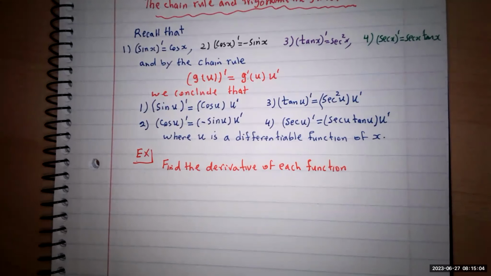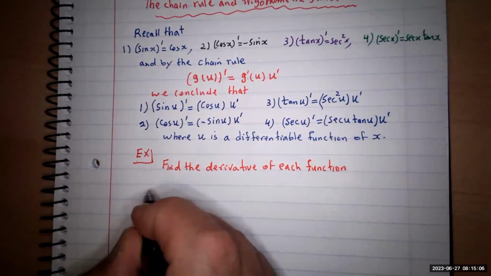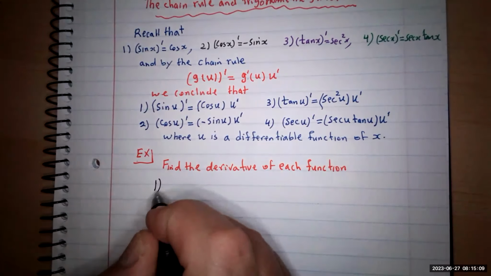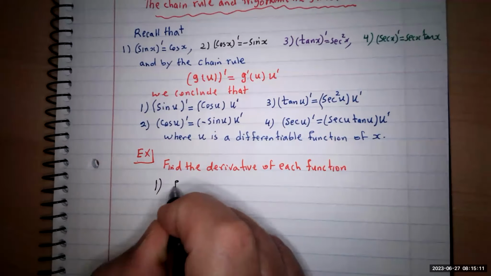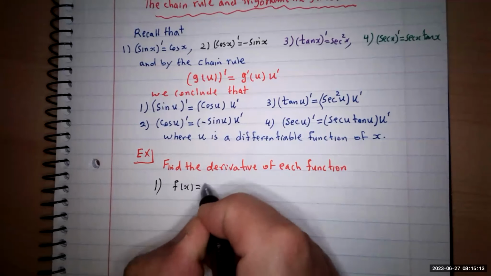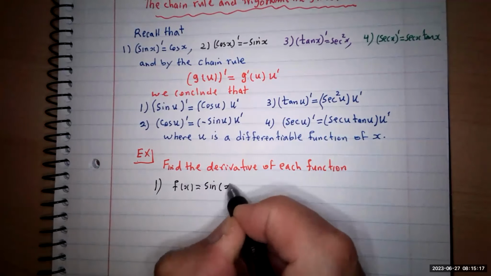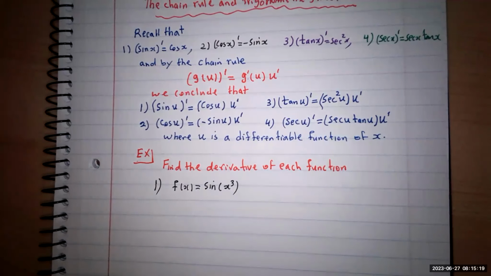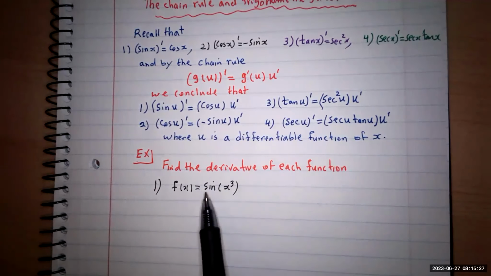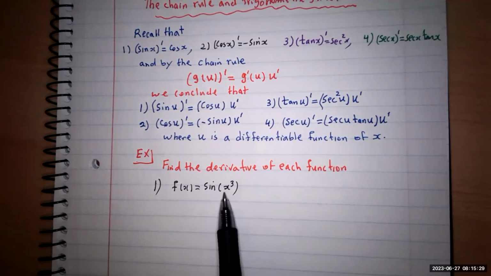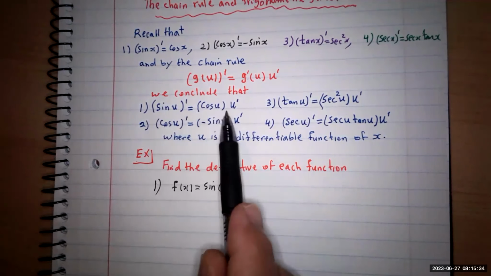The first example is the function f of x equal to the sine of x cubed. You see, it's not sine x, it's sine x cubed. So it's a composition of two functions. The outside function is sine, the inside function is x cubed. So you have to apply this one now.